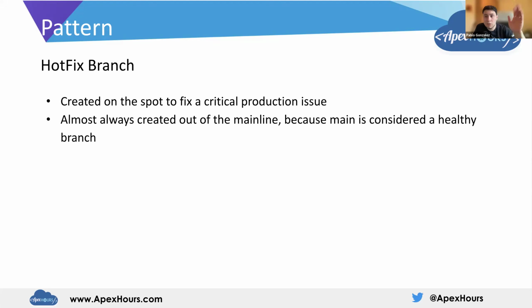Okay, maybe you don't create a hotfix branch from main. Maybe you do it from the release branch. Why? Because to you, the release branch is a healthy branch. You are confident about the contents of that branch, that you know, okay, we should branch out of here. So I repeat, just because it's very important, that we're not talking about strategies here, we're just talking about patterns, right?